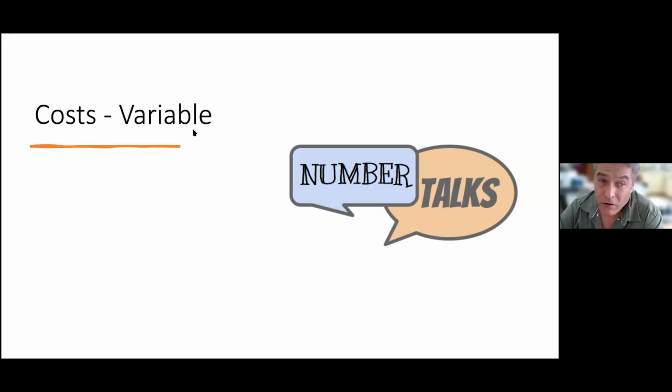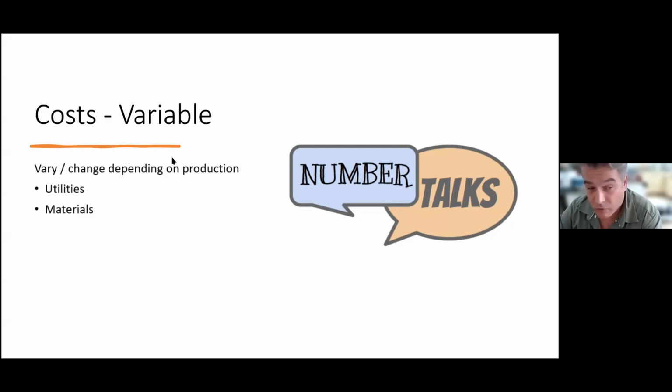What are the variable costs? They are changing depending on your production. That means if you have high-level production, you have lots of grinding to do. You have more utilities, of course, electricity, water. You have more materials. And maybe you have a freelancer who has to come in for a few hours, and other services.